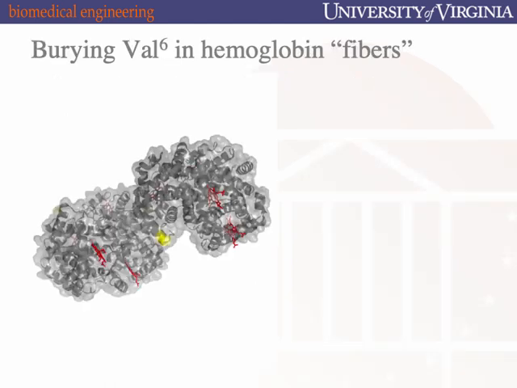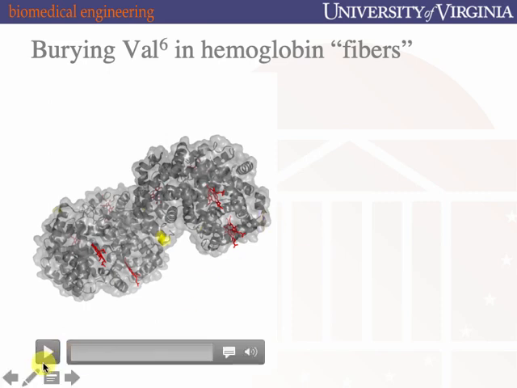And so what's thermodynamically favorable, in fact, that exposed valine is so thermodynamically unfavorable that the better solution thermodynamically is to bury it by multimerizing the hemoglobins, these heterotetramers, in long fibers.